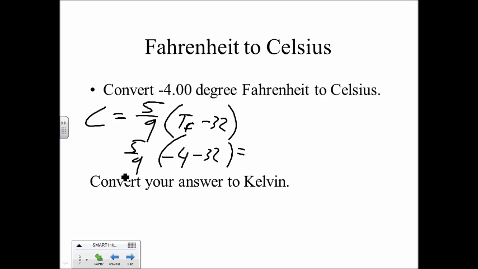That's -36 times 5 divided by 9 comes up to be -20 degrees C. I'll come back to that in a minute. Now, if we want to go to Kelvin, we need to add 273.15 to that. So -20 plus 273.15. That gives us 253.15. I don't need a calculator for that.